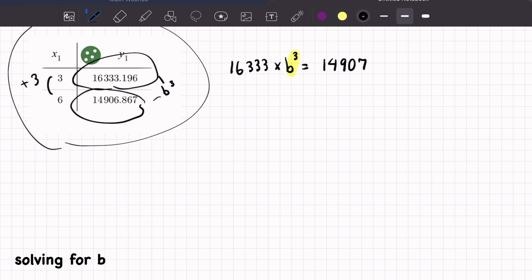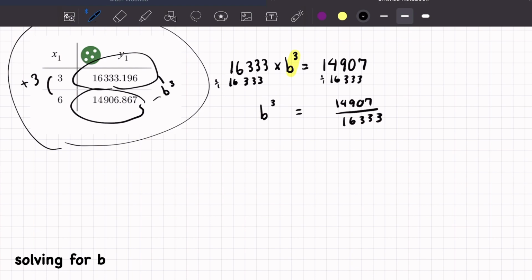To do this, we have to isolate the variable, so let's divide 16,333 on both sides first. Then we will get b to the power of 3 equals 14,907 divided by 16,333.